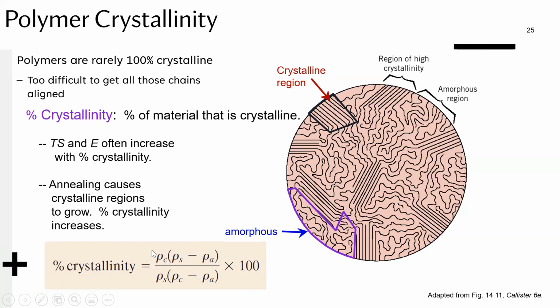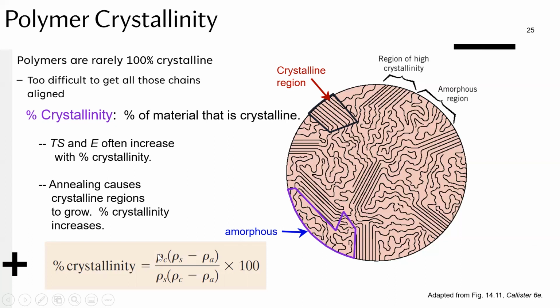So what you do is you look at the density. So rho S here is the density of your semi-crystalline structure that they've given you. And then you know the density for the fully 100% amorphous, rho A, and you also know the density for the fully crystalline, rho C.